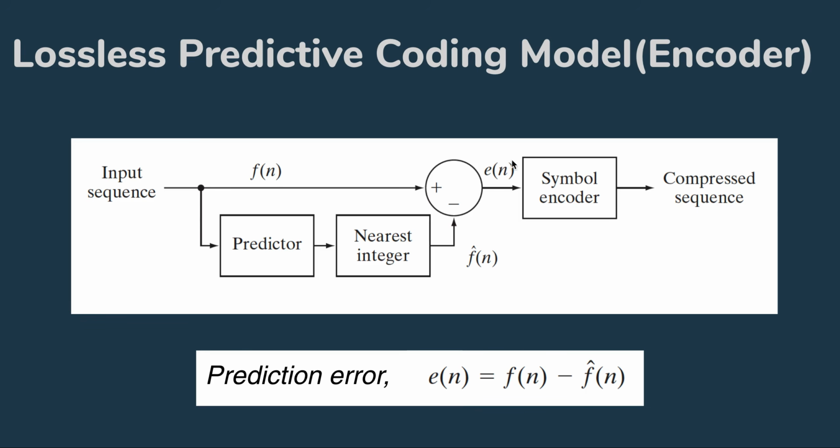In order to get the compressed sequence, we will be encoding only the value e of n, and we will not be directly utilizing the value of f of n for compression. We will call the difference between f of n and f hat of n as e of n, which is commonly called the prediction error.